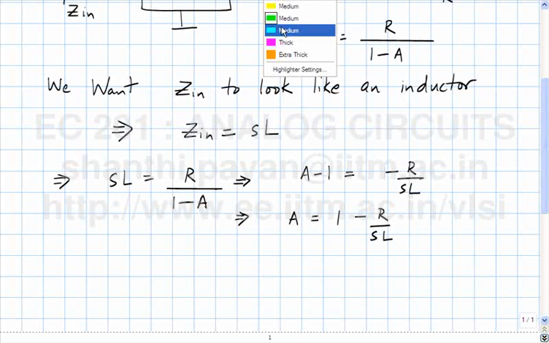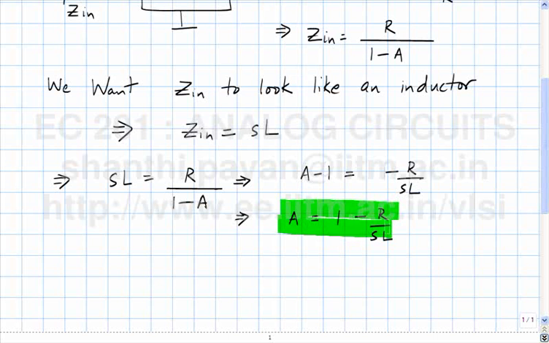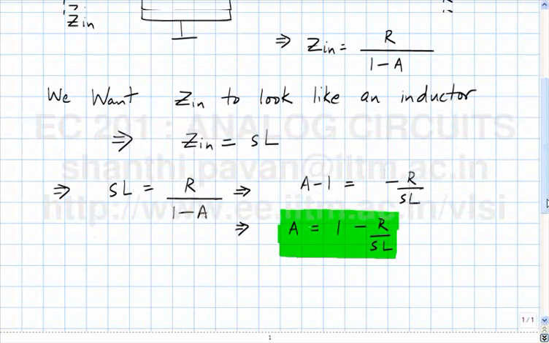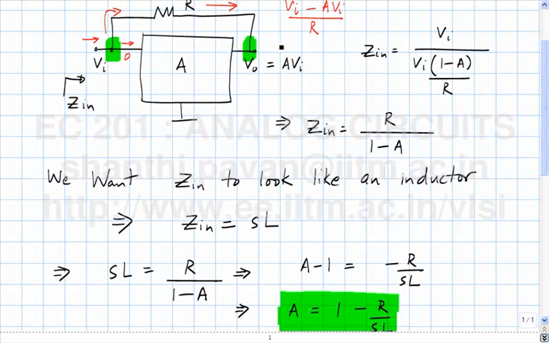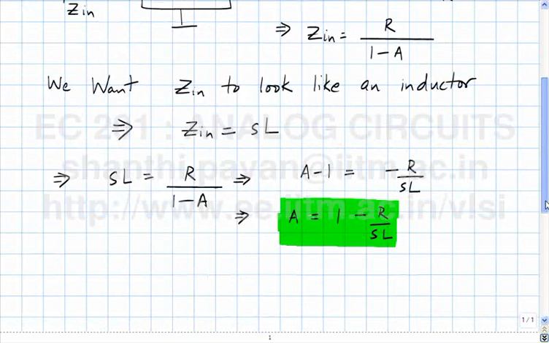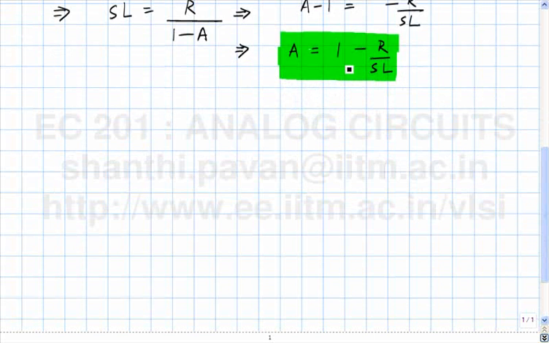So all that this is saying is that if I had a voltage controlled voltage source with a frequency dependent gain of this form, that is A equal to 1 minus R by SL, then if I connect a resistor between the input and output of this VCVS, the looking-in impedance will look like an inductor of value L. Is that clear? So now the job reduces to finding or designing a voltage controlled voltage source with a frequency response of this nature.